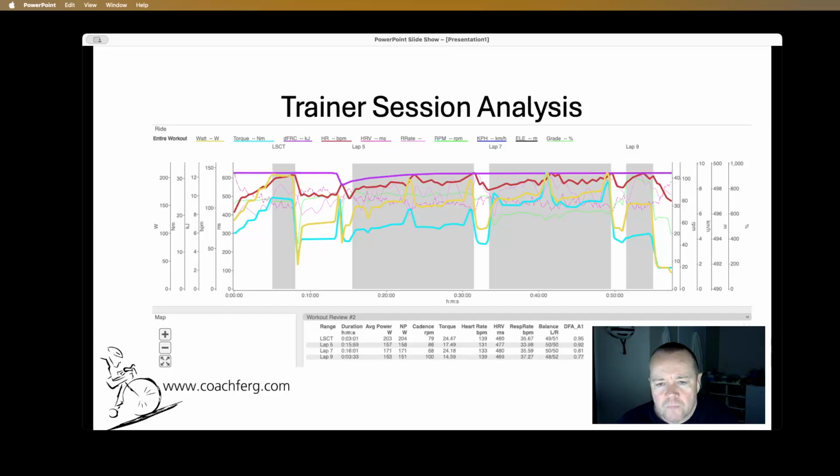And the main thing we measure is heart rate, but you can see down the bottom here I also look at cadence, torque, heart rate, which was 139, last time was 142, so down a little bit.